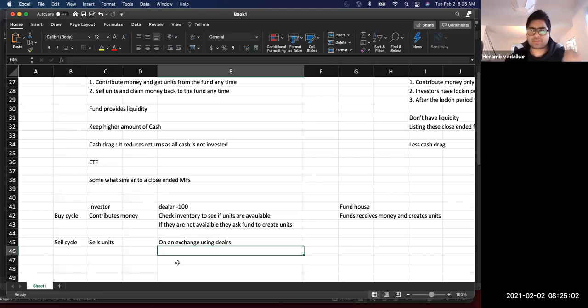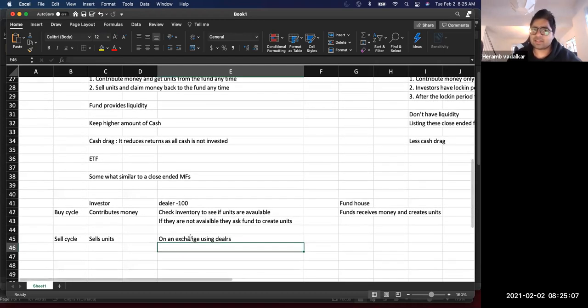So when an investor sells whatever units he or she has on an exchange using dealers, dealers will first try to find if any buyer is available. If the buyer is available, the units straight away go to that buyer. But if the buyer is not available, then they make a request to the fund house to sell investments and provide them cash.